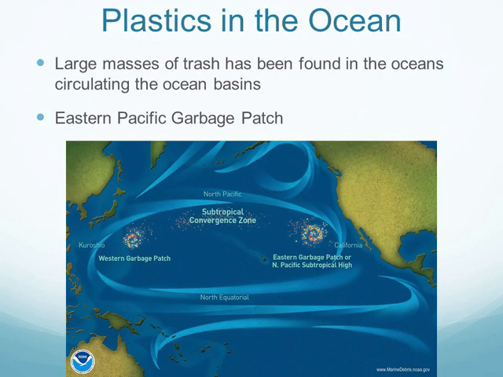The one most of you should know about is the one on the eastern side, which is kind of northeast of us. Because of the ocean gyres, it has basically created its own mini gyre of trash. As the gyre is rotating in a clockwise direction, it is causing that trash to accumulate within this area and create its own little gyre of trash.